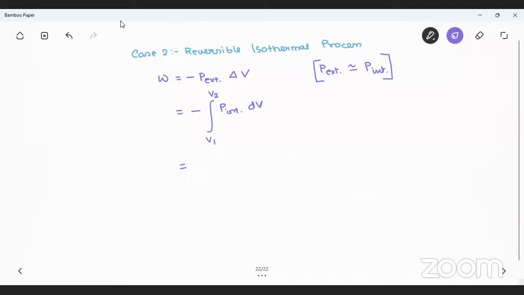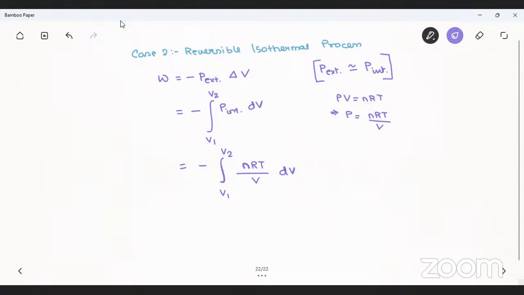Now, this is an ideal gas. PV is equal to nRT. So what is P? nRT by V, right or wrong? So I can substitute it like this. P internal is nRT by V into dV.